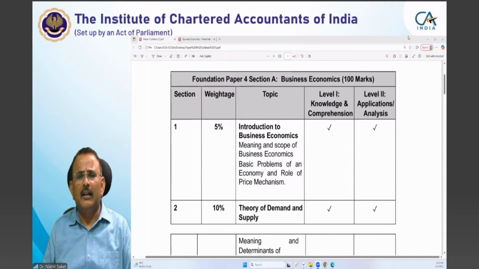So it doesn't matter whether a question is from demand and supply, international trade or public finance. All questions carry equal importance.